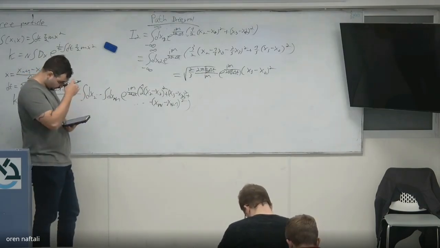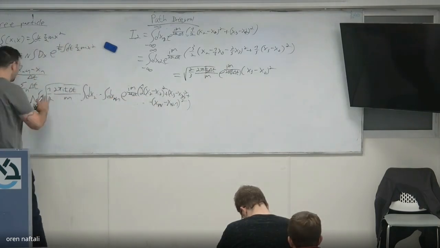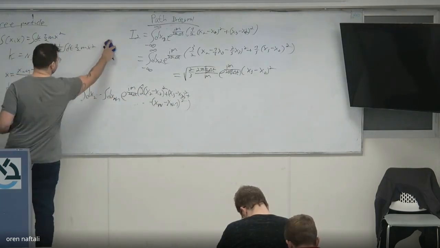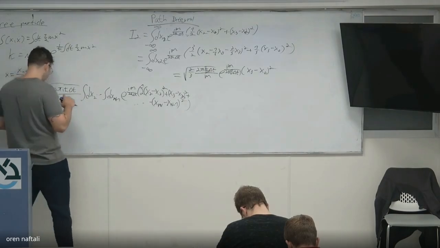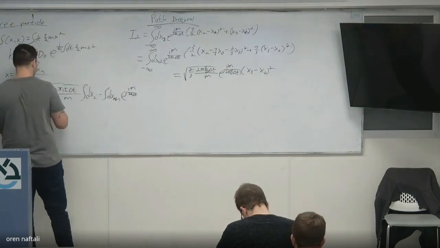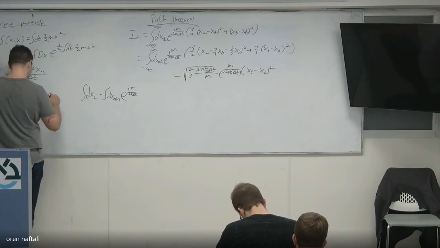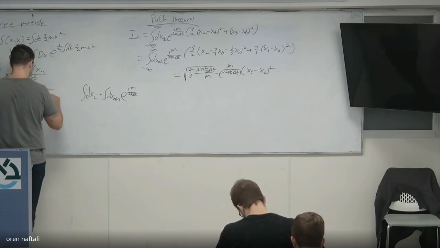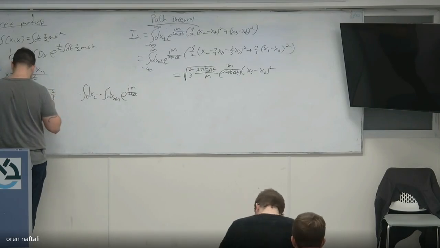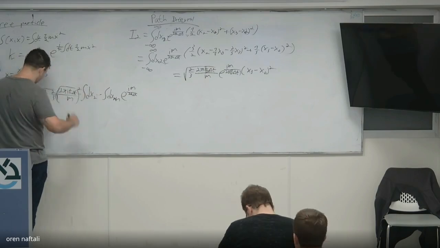So let me just change this equation one more time, and then we'll jump to the third. There it is. We'll get the square root of 1/2 times 2 over 3, 2 pi i h bar delta t divided by m, square root squared.